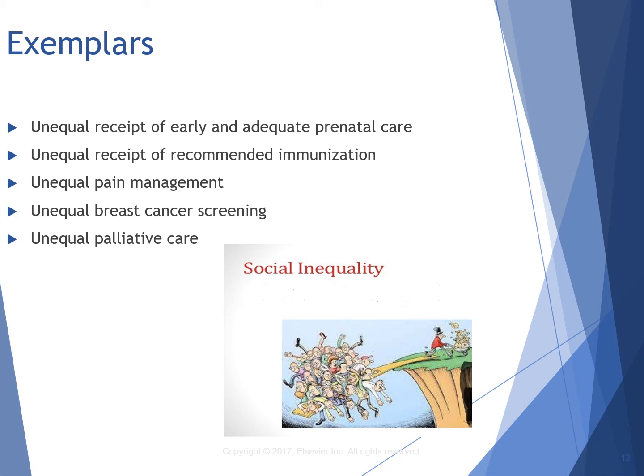Let's look at the unequal pain management. Facts: consistent with the Institute of Medicine's report on healthcare disparities, racial and ethnic disparities in pain perception, assessment, and treatment were all found in all settings. For example, post-operative setup, emergency room setup, and also across all types of pain. That can be acute pain, cancer-related pain, chronic non-malignant pain, and experimental pain.